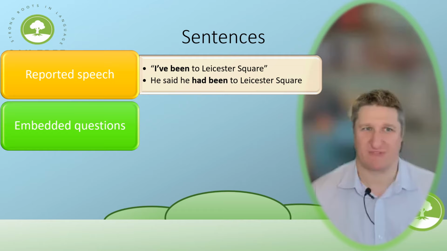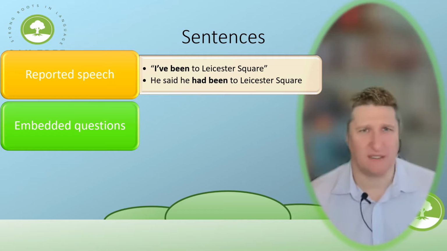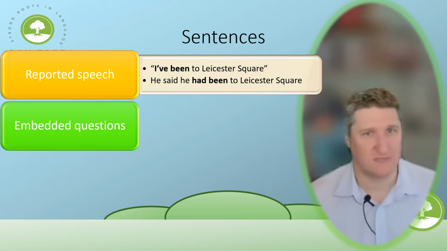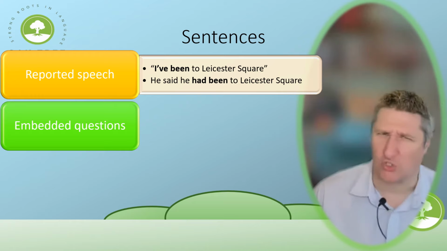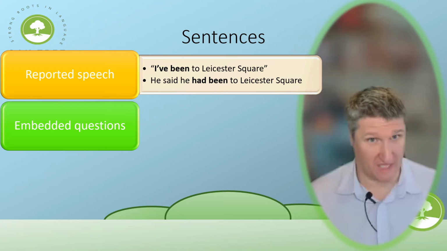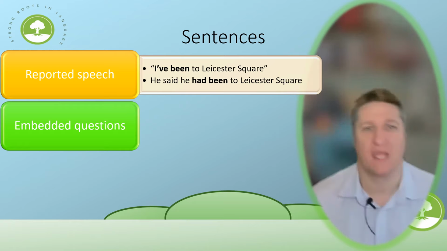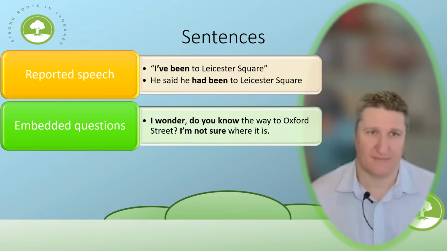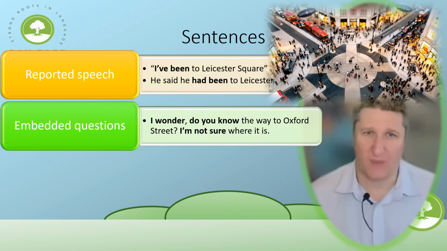Typically these begin with phrases like, could you tell me, I'd like to know, I'm not sure, do you know, I wonder, would you mind, let's ask. For example, "I wonder, do you know the way to Oxford Street? I'm not sure where it is."